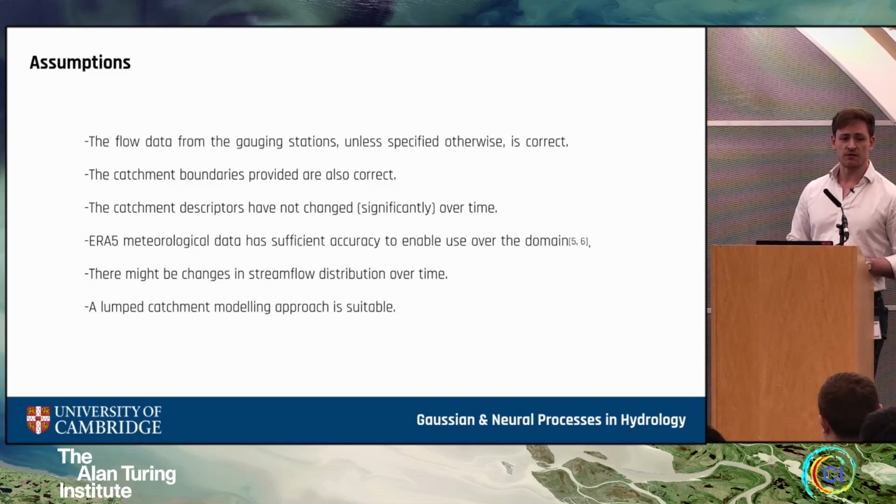Secondly, the data from ERA5, I'm assuming is good enough to use without needing to do too much interpretation. And finally, that a lumped catchment modelling approach, so basically taking the meteorological parameters that I'm using as inputs and averaging them or interpolating them, as is the case for very small catchments, is a suitable thing to do.